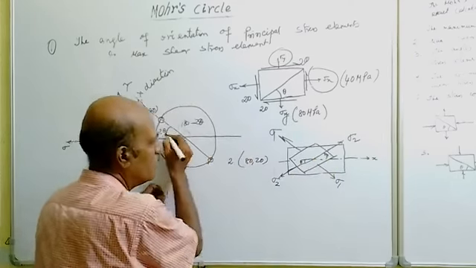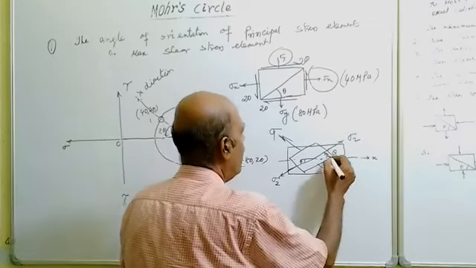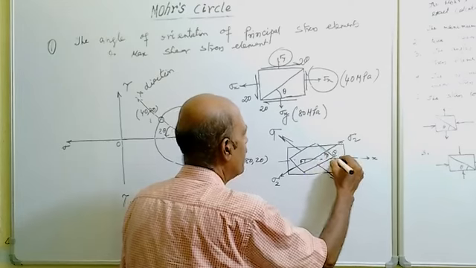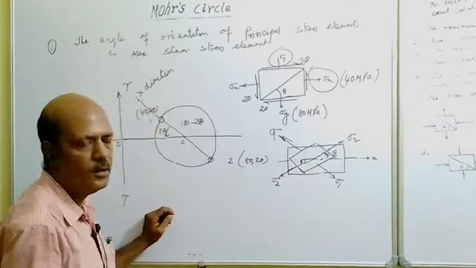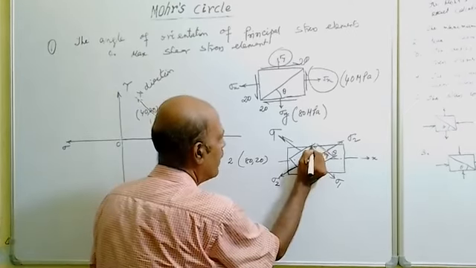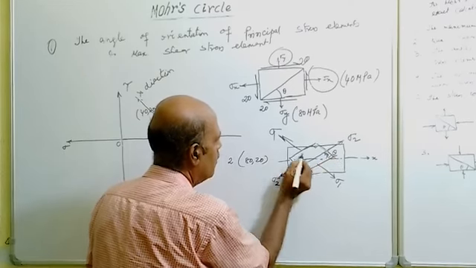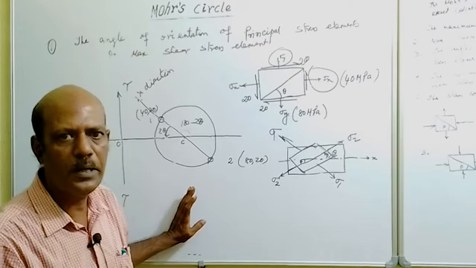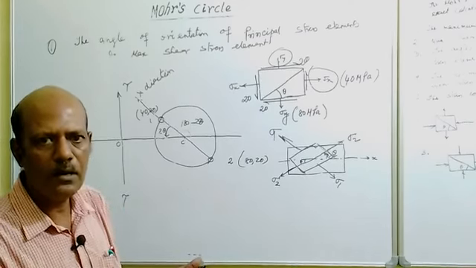Here it is 2 theta angle, but in the body it will be theta angle, and draw this perpendicular, so this will be your minor principal plane. And if we draw the perpendicular to this, this plane will be the major principal plane.